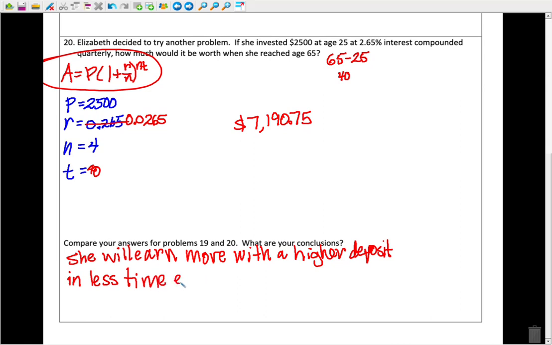Even with a lower rate. Well, slightly lower, but even with a lower rate. It's kind of sloppy. It just says she will earn more with a higher deposit in less time, even with a lower rate.